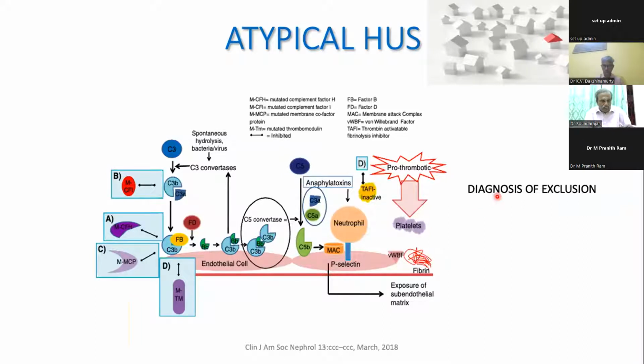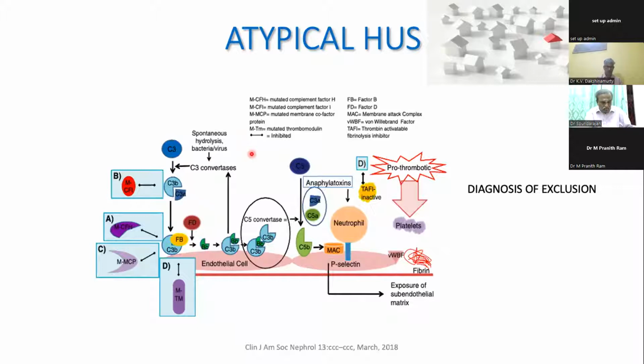Atypical HUS, this is again more common in children, adolescents, and young adults. This is usually due to complement dysregulation in the alternate pathway, thus resulting in increased expression of the MAC on the endothelium, resulting in damage to the endothelium. So it is usually due to a disequilibrium between the regulators and the promoters.